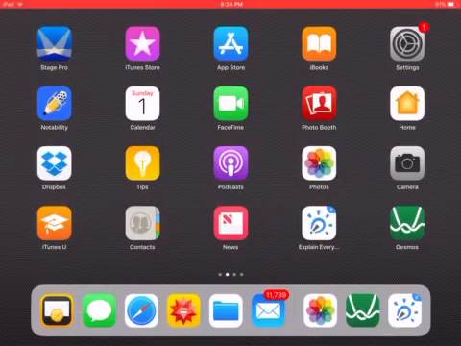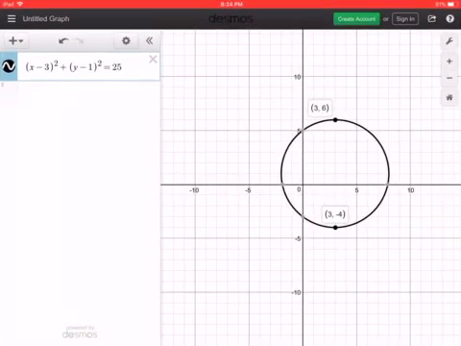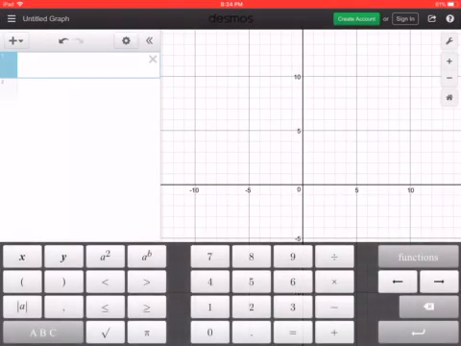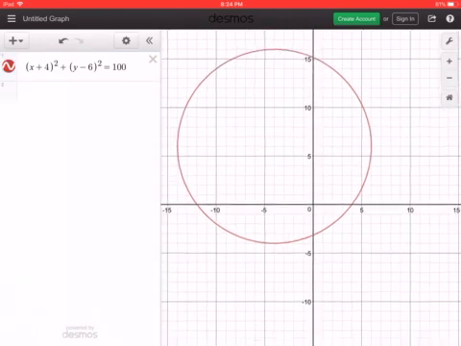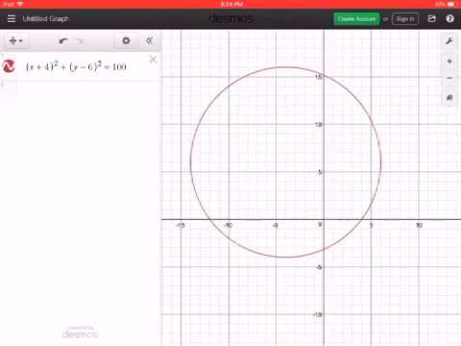So let's do it. (x + 4)² + (y − 6)² = 100. And again, now we have this nice visual on a circle that's centered at (−4, 6) with a radius of 10.